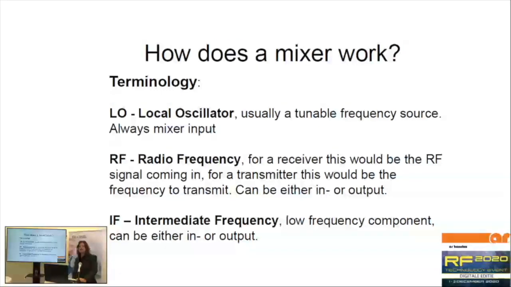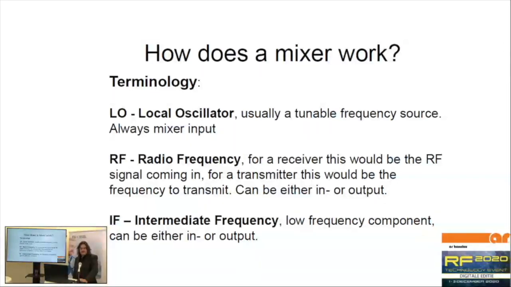So what do we see? How does a mixer work? What do we do? An LO. The LO stands for local oscillator. Usually this is just a local source used to upconvert or downconvert your frequency path. RF stands for radio frequency, of course, most of you would know. For the receiver, this would be the RF signal coming in.